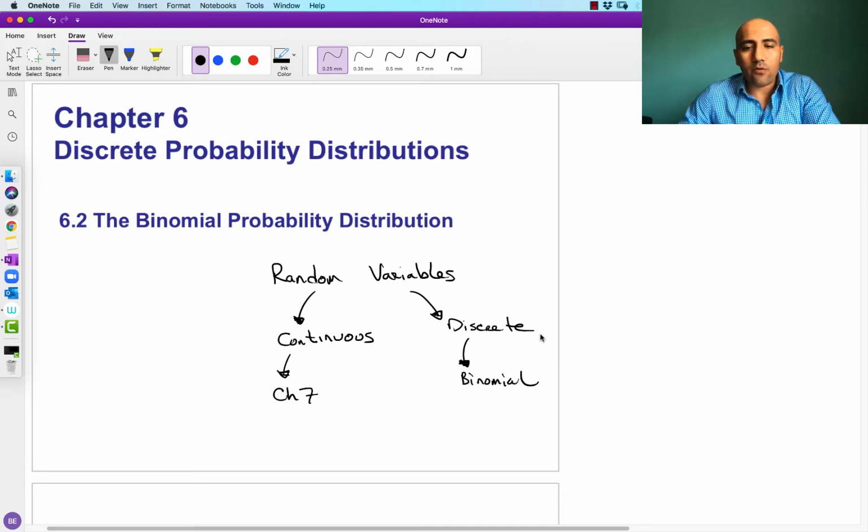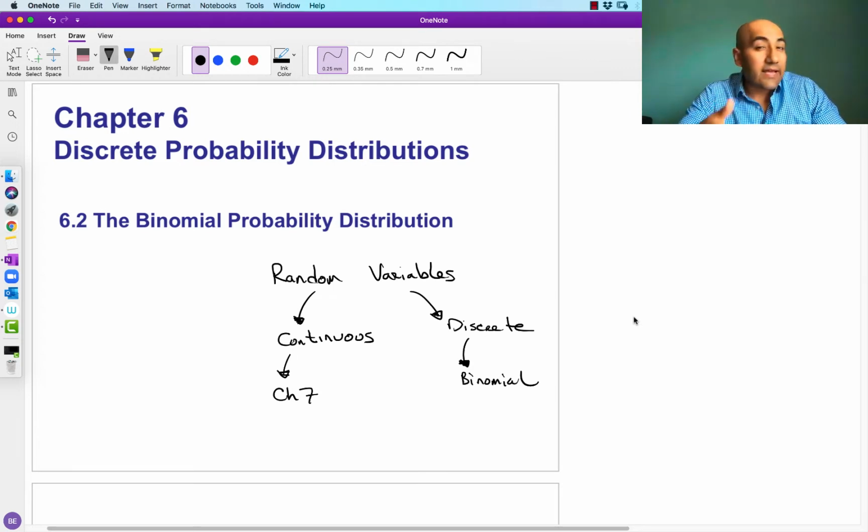There are several other unique cases under that umbrella, but for the purposes of this class we're only going to focus on binomials. There just isn't enough time. The world of statistics is huge, and we can't cover every little thing.